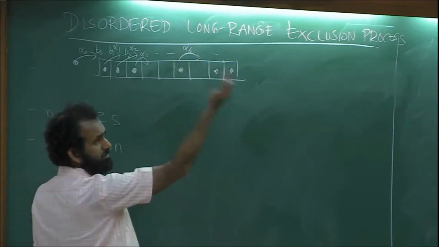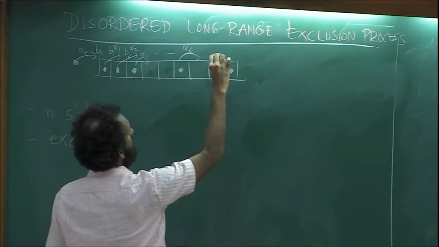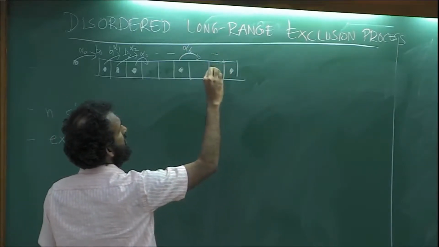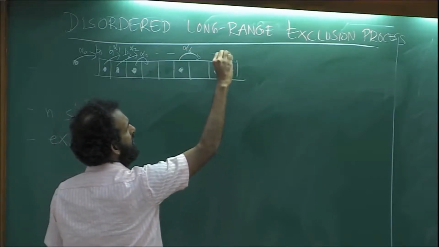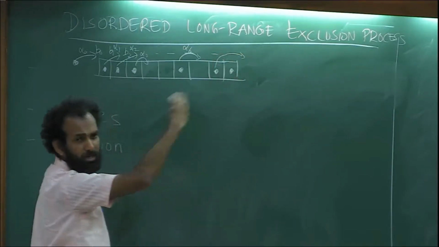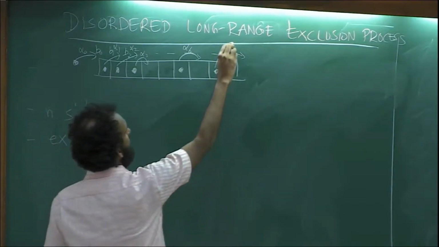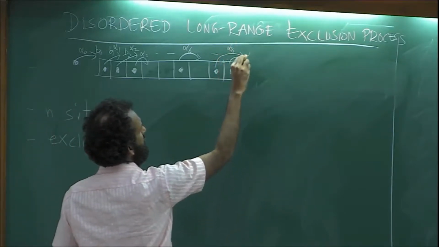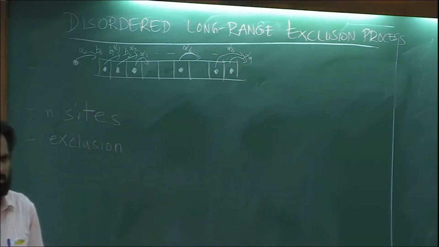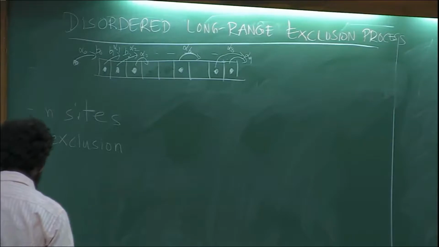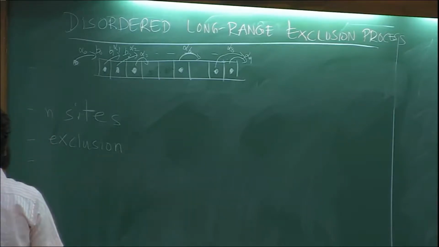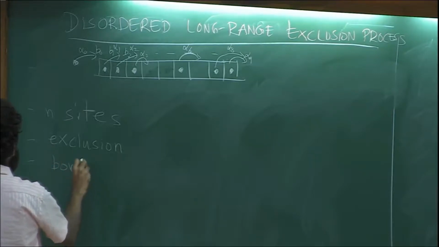On the right, particles will escape in the same fashion. This one tries to hop, sees the next empty site, and just exits the system. This is alpha 8, and then this is alpha 9. Is the model clear?